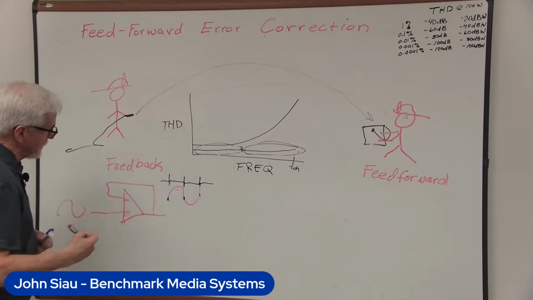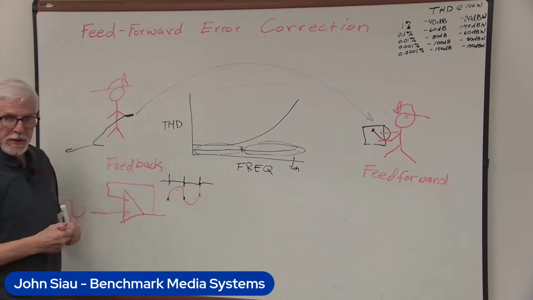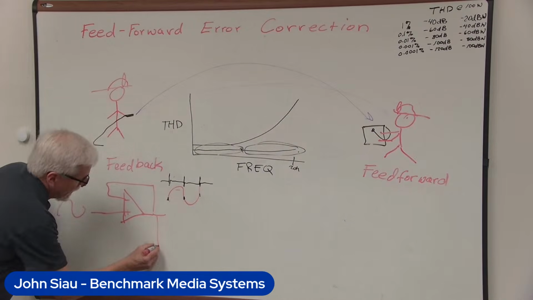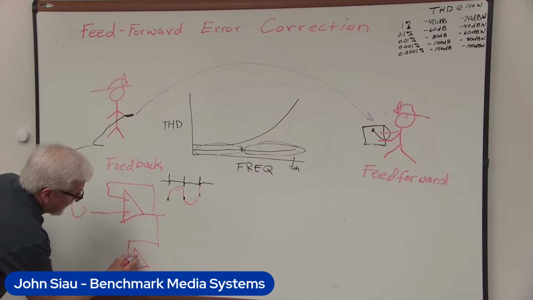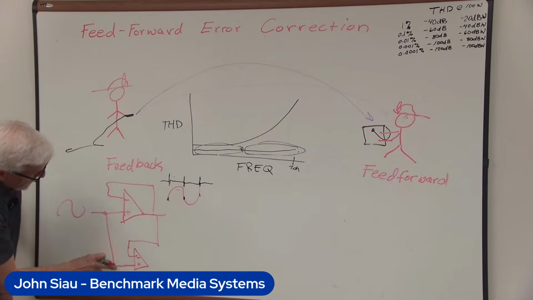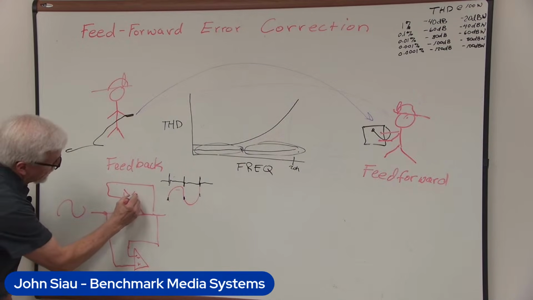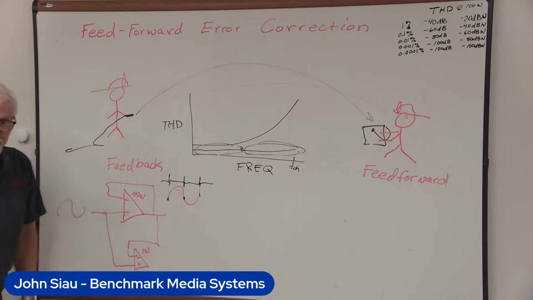So what does this look like in the circuit? So we've got this output that's got a distortion component to it. If we take that output and run it into a little amplifier, I mean, it doesn't have to be a little amplifier, but if this was a 100-watt amplifier, I might only need a watt down here, okay?